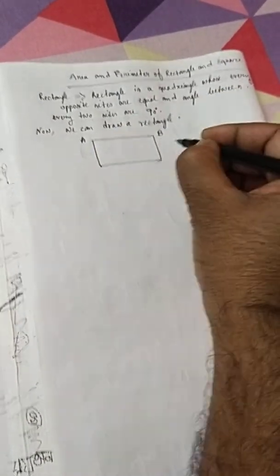Here ABCD is a rectangle and AB equal to CD and AD equal to BC.